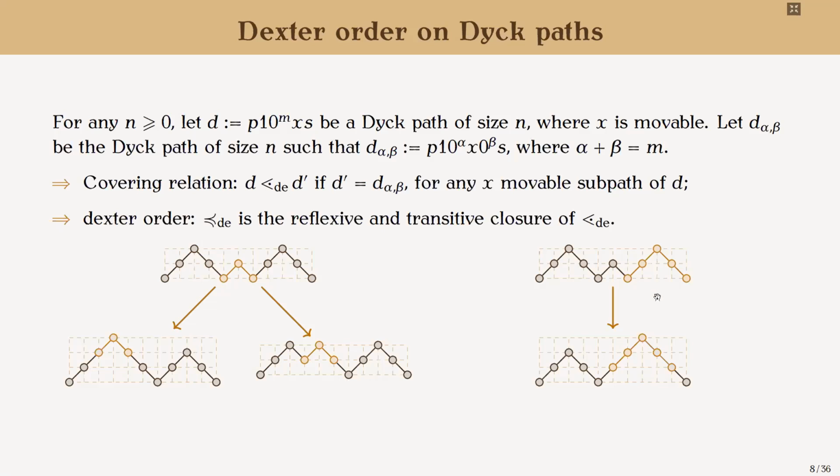And for this one, you have only one possibility because you have just one down step just before your movable subpath. So you have just one way to increase this element. It gives this Dyck path here, and this combination gives us all the Dexter order.